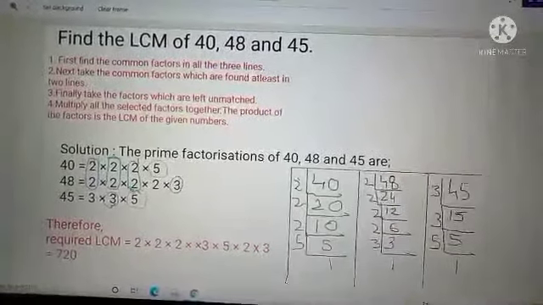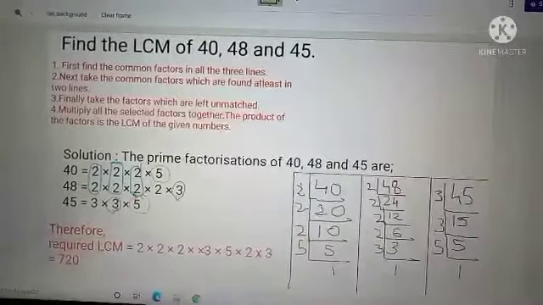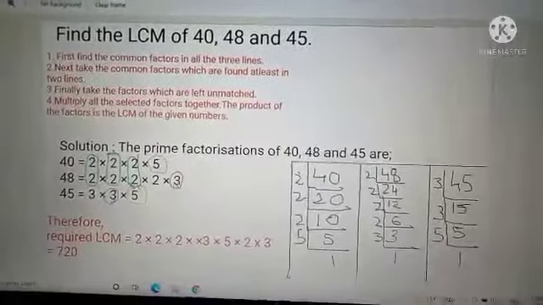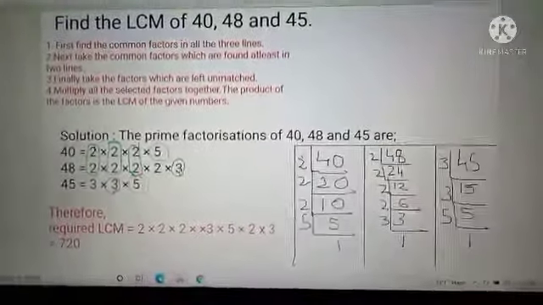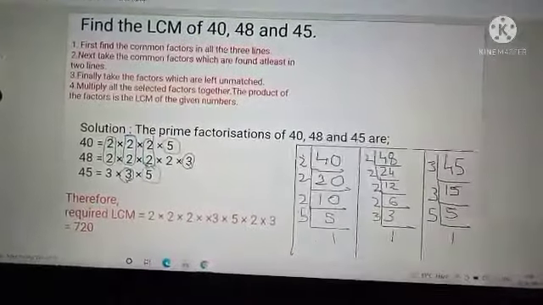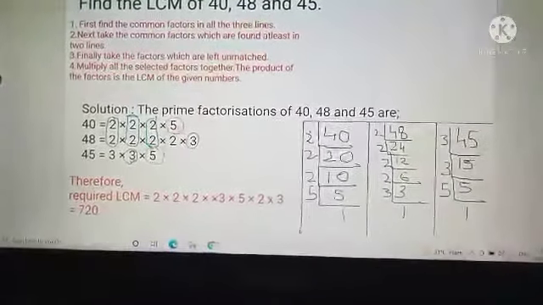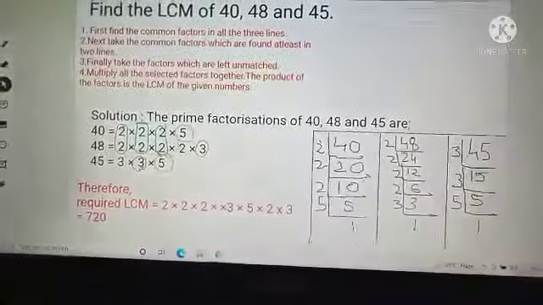In the prime factorization of 48 and 45, 3 is common. We can make it a pair. Anything else? Yes. In the prime factorization of 40 and 45, 5 is common. We can make it a pair. Here one 5, here also one 5.